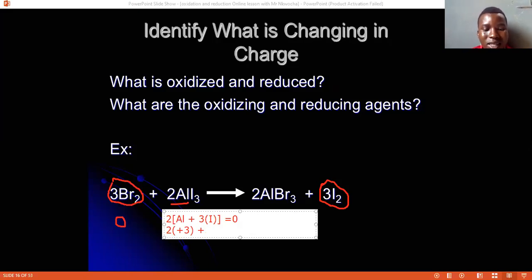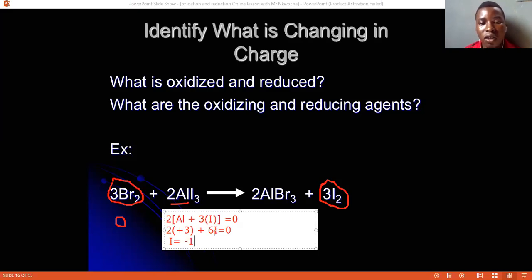So 2 times 3, that's 6, plus 3 I, please take note, is equal to 0. So that means I here is equal to minus 1.